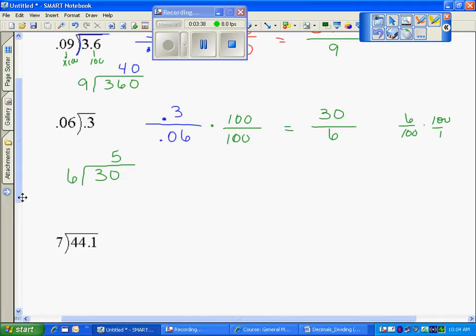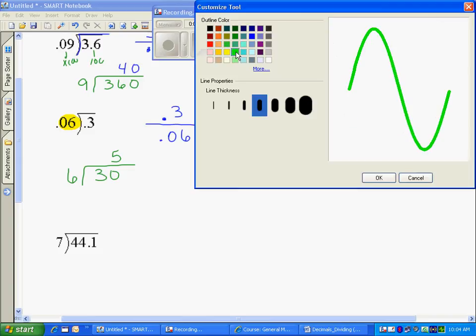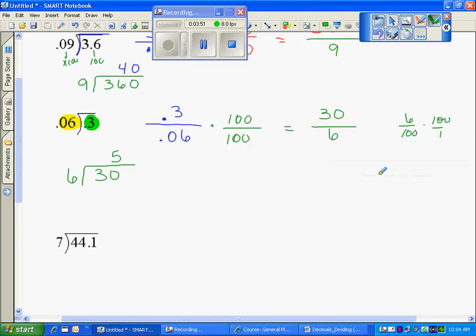Now if I want to think of this in terms of money, this 6 100ths is pennies, and the 3/10 represent dimes, so I have 3 dimes. Let's write that down.